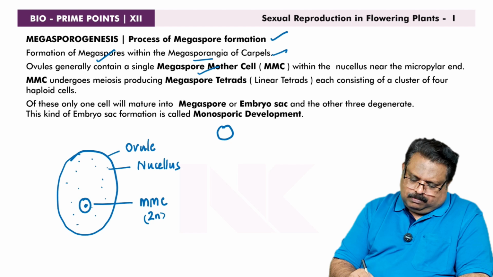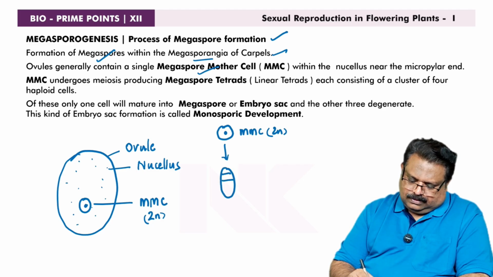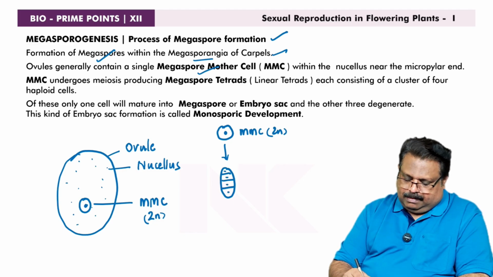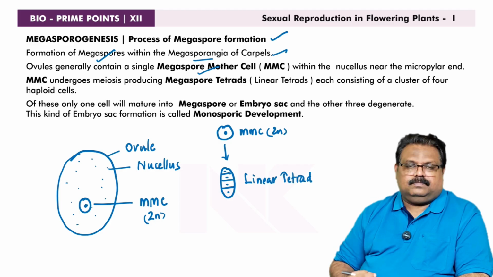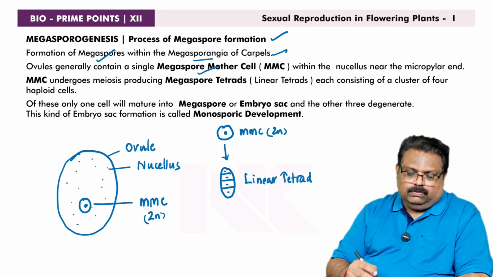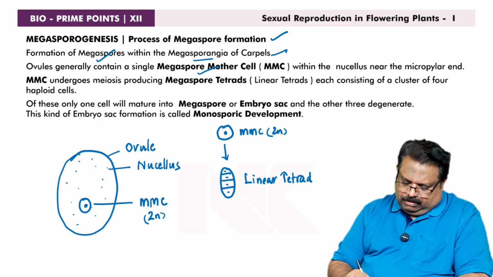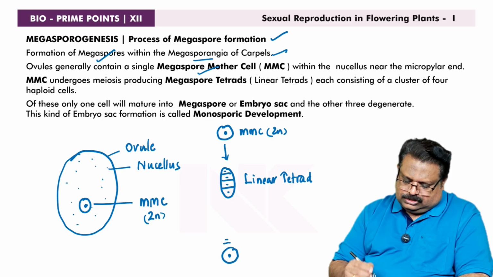When the diploid megaspore mother cell divides by meiosis, 4 cells are resulted. 4 haploid cells are resulted in a linear manner. So they are called a linear tetrad. Out of these 4 cells, only 1 will become the megaspore and the other 3 degenerate.